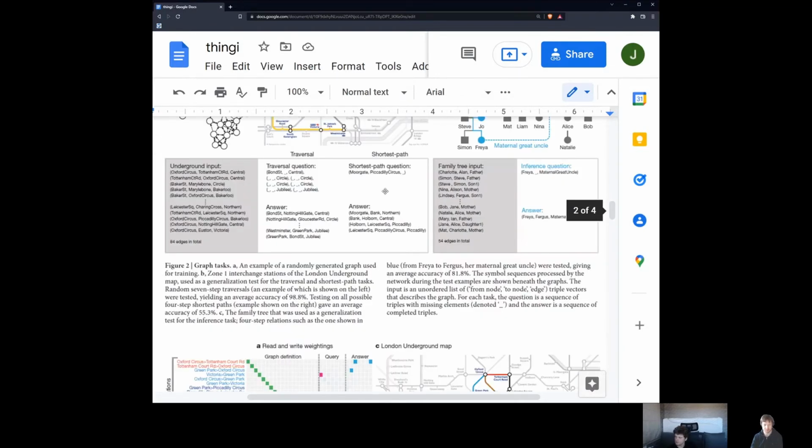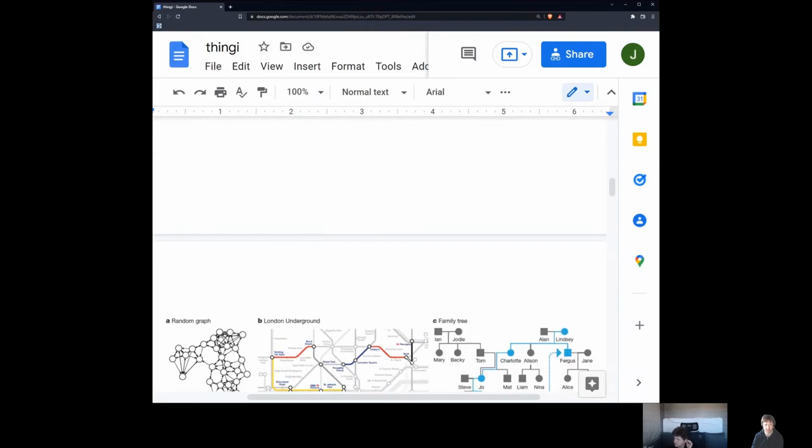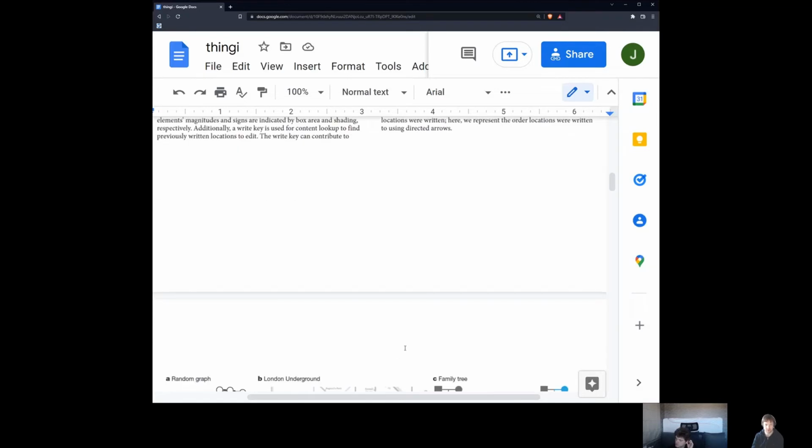One thing they didn't have a figure for is that they also had synthetic question answering experiments. These are a bit related. They had questions like: John is in the playground, John picked up the football, where is the football? And the network is supposed to answer playground.